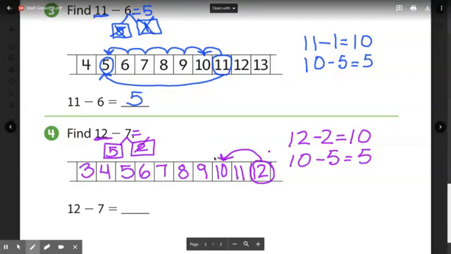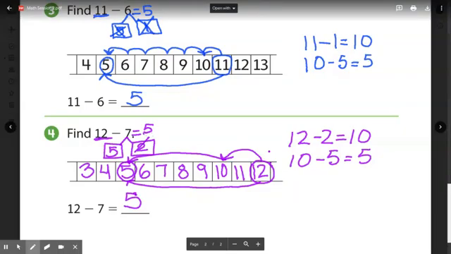So I'm going to jump clear down to the 5 because I know that 10 minus 5 is 5. And we are done with that. So if we started with 12 and subtracted the entire 7 all at once, it would be 5. And you can write that right here.